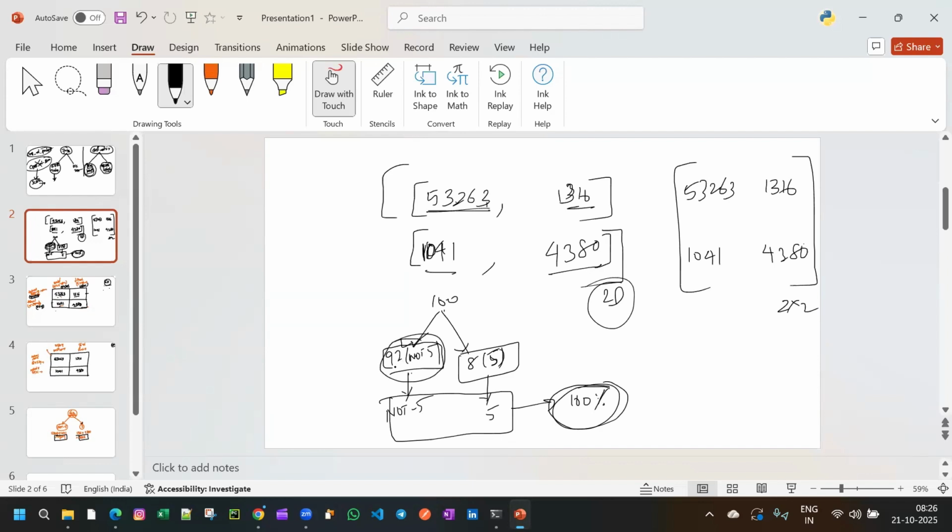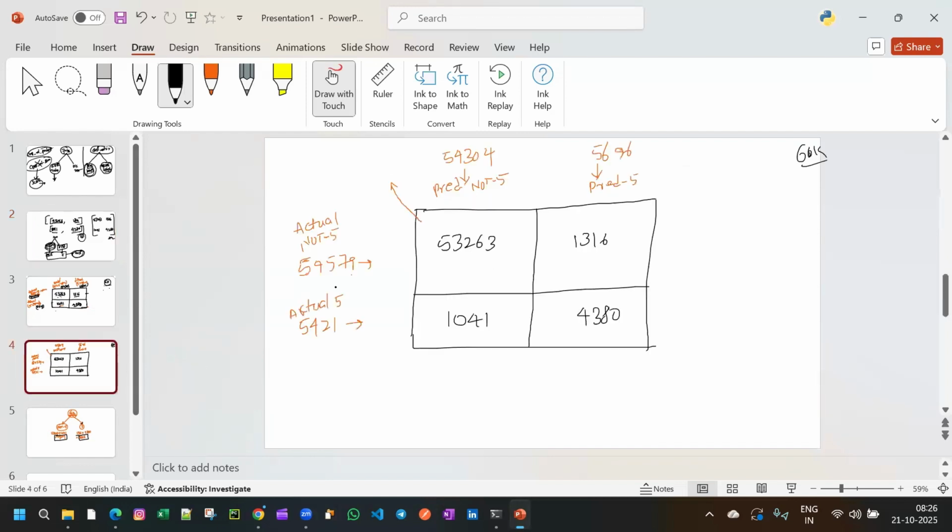So I'm talking about this 92. If my model is making a perfect prediction, these should be predicted as not 5. Out of these 54,579 actual not-5 images, my model predicted only 53,263 images as not 5.